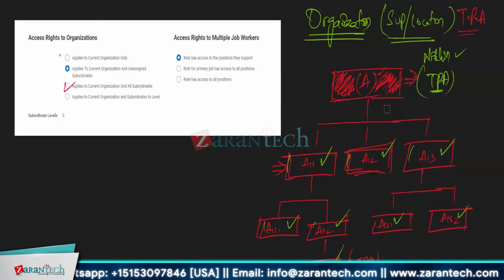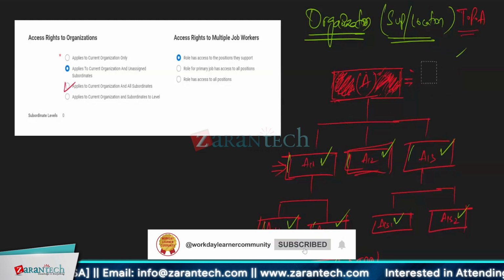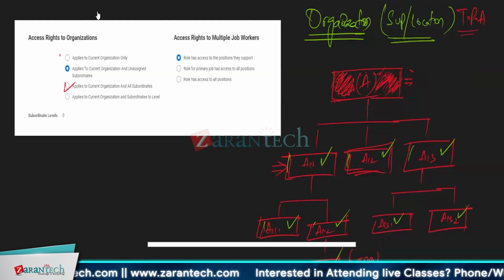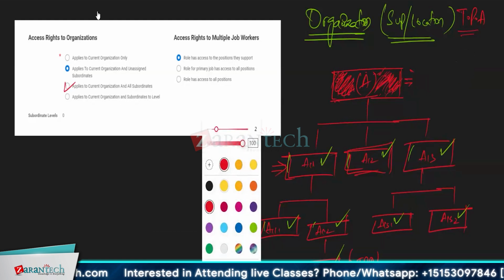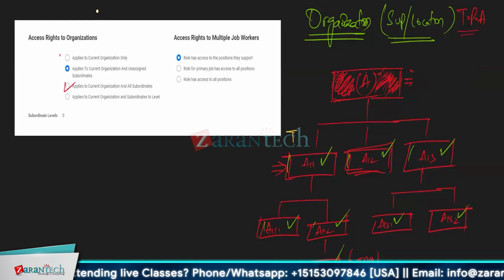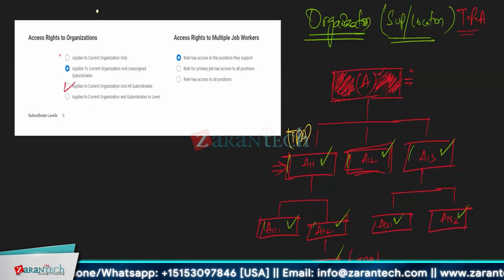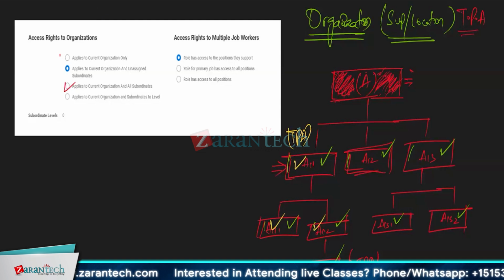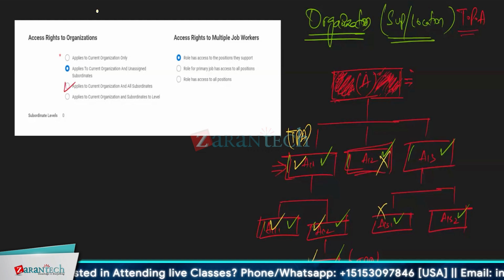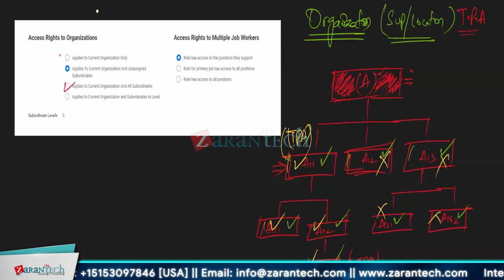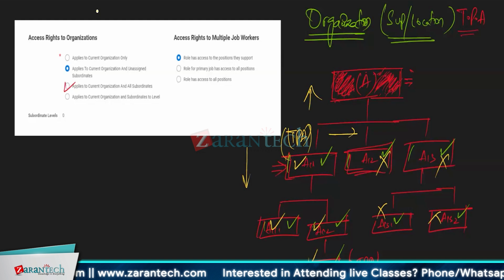Suppose I assign Nikhil as a TPA only on this particular organization. Applies to current organization and all subordinates means this person will now only be assigned to this and this. He will not be assigned here because it is not part of the superior org hierarchy. It will just go down, not sideways or upwards.